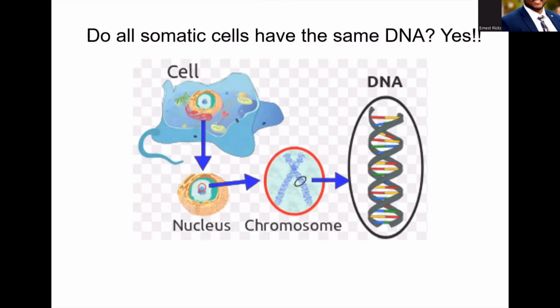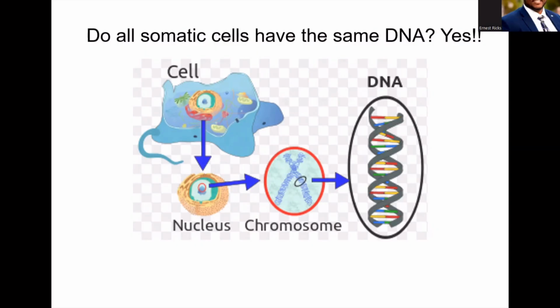All the genes that are in the cells of your eyes are in your stomach. All the genes available to your skin cells are available to your hair cells or brain cells or any other somatic cells. Somatic cells are just the cells outside of your sex cells.